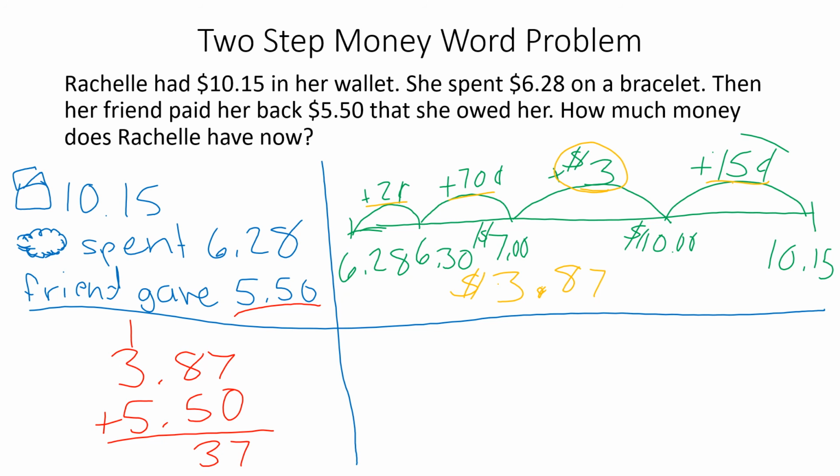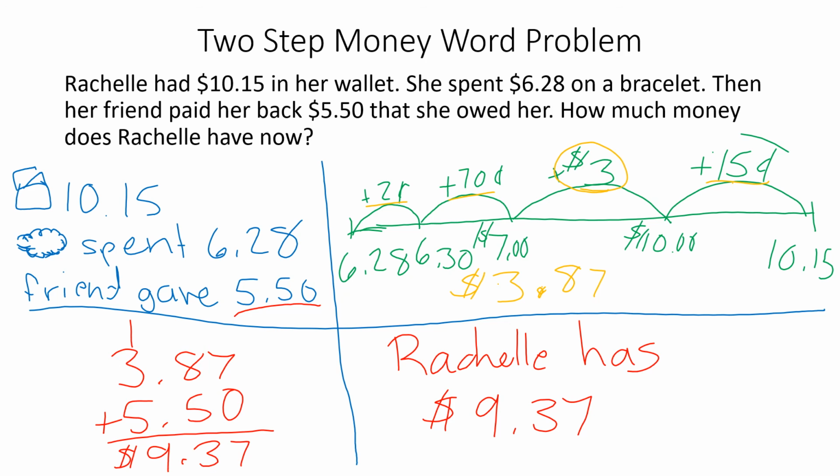Carry the 1. 5 plus 3 is 8. 8 plus 1 is 9. Now I need to make sure I put my decimal point right in line of where it is in my problem. So now she has $9.37. And then I write my answer in the final box. Rochelle has $9.37.